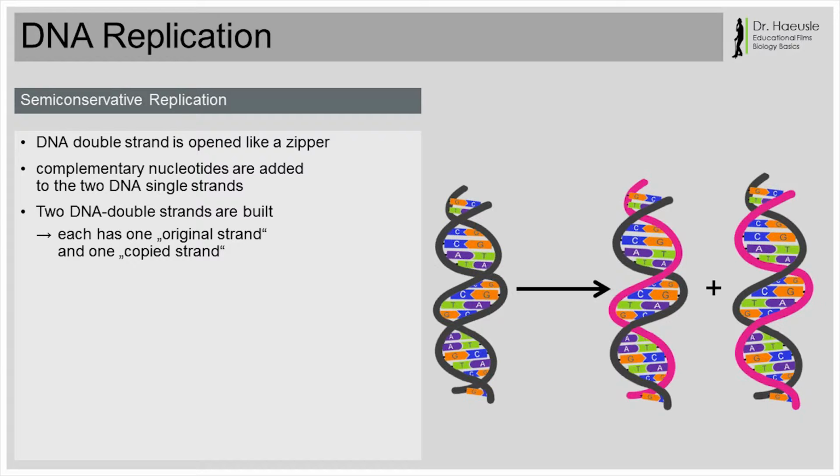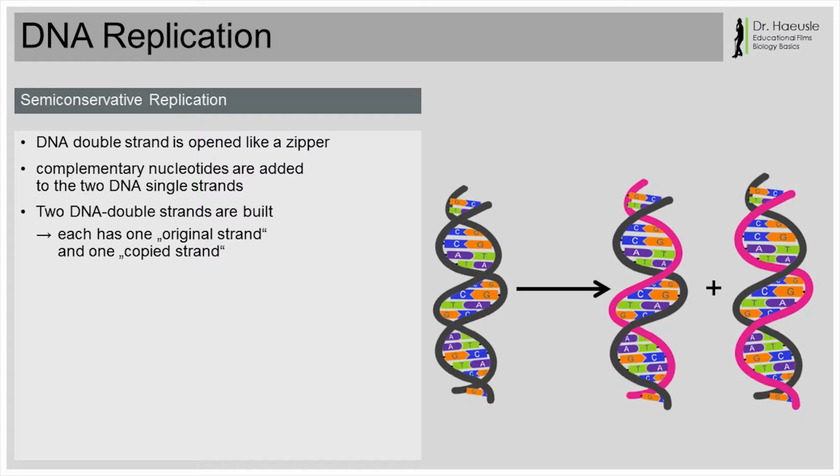In the sketch, the new strands are pink. This mechanism is called semiconservative replication. I understand. Semi-conservative means half-preserving. The two double strands that are created each consist of one preserved original strand and one new strand.